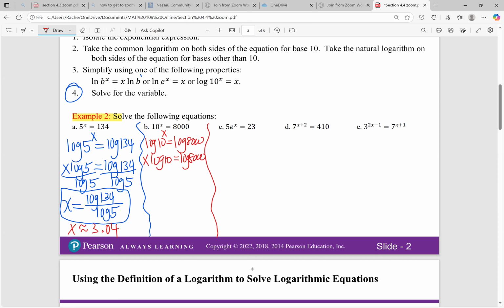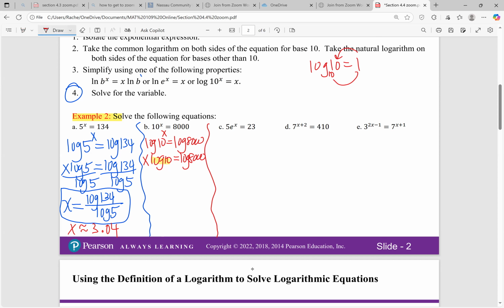And the log of 10 is equal to 1. Because remember, we're in base 10, right? 10 to the 1 is equal to 10. So this log 10 right here that I'm highlighting is really equal to 1.